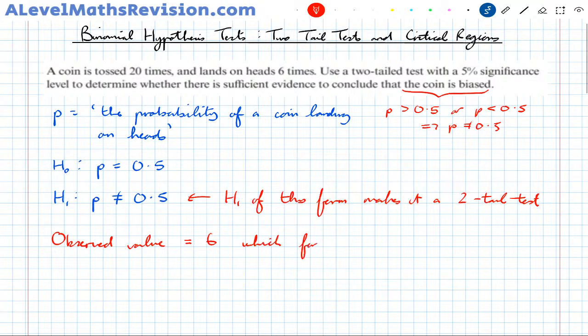Which for X binomial, and there's 20 coin tosses, probability, if all is well with the coin, of 0.5. How many heads would we expect if we toss this fair coin with a probability of a half 20 times?